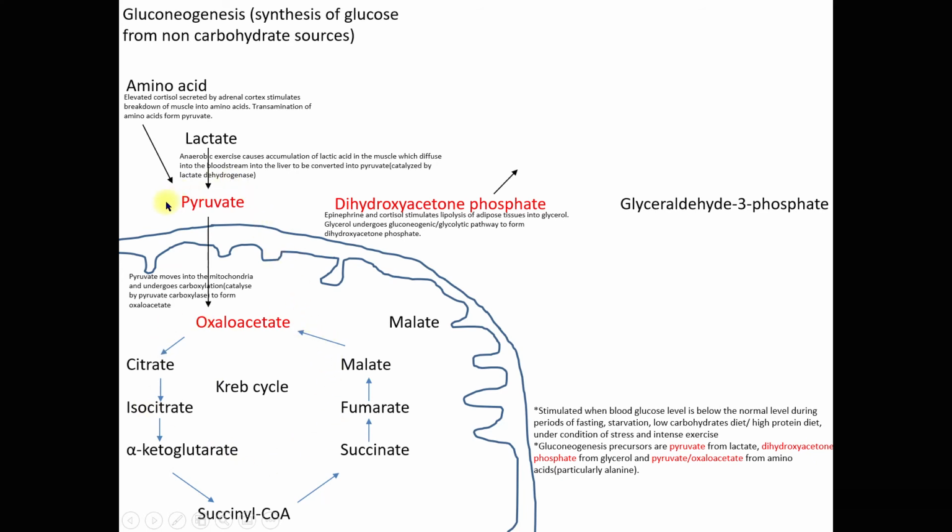Okay, so let me rephrase. Pyruvate moves into the mitochondria and undergoes carboxylation to form oxaloacetate. This oxaloacetate will be reduced into malate by NADH, and then this malate will be transported to the cytoplasm of the hepatocyte via the malate shuttle.